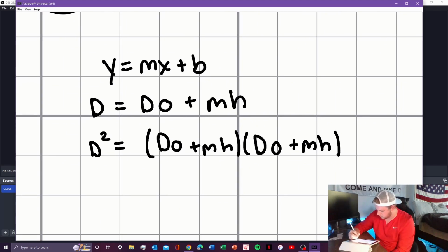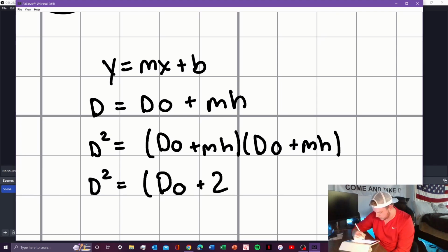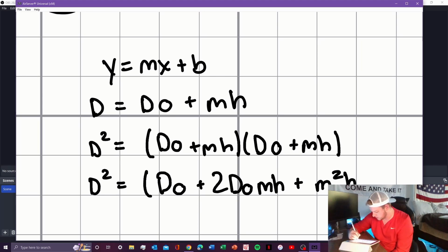So if we factor that out, D naught squared plus 2 D naught mh plus m squared h squared.